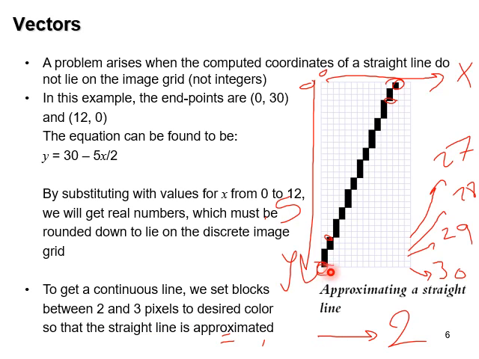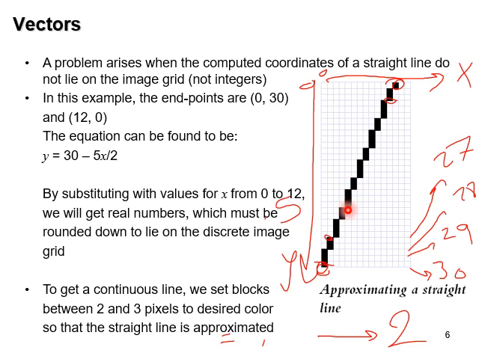So if this is your first pixel and this is your second one, then one thing you can do is to fill these two, okay, so put this as a black pixel, put this one as a black pixel, and then when it comes to this one, you put this one as a black pixel. So now this appears as if it's a continuous straight line. Although what you will get from the equation is this point, and probably this point, and this point, and this point.